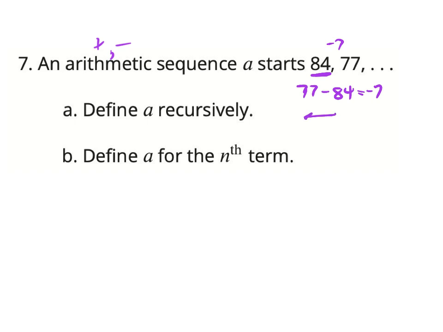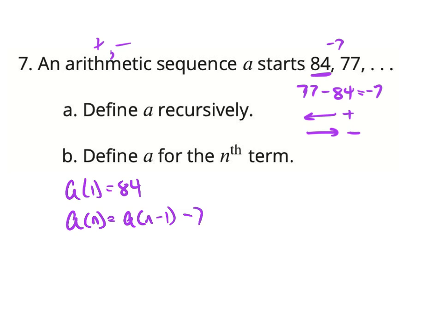You subtract going right, and you add going left. Define A recursively. A of 1 equals 84. A of any term in the sequence is the previous term minus 7 for n greater than or equal to 2.